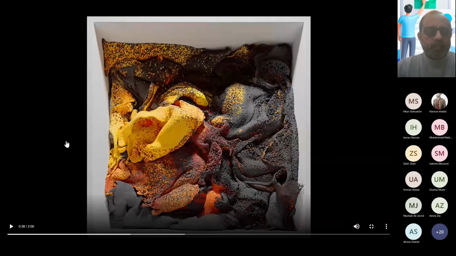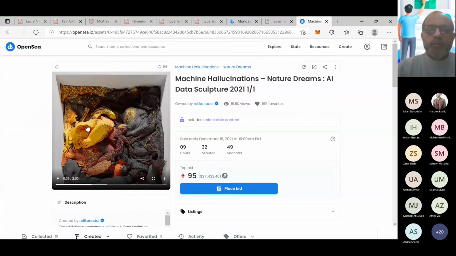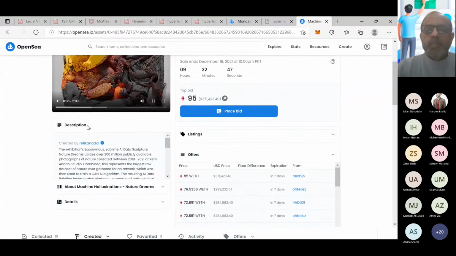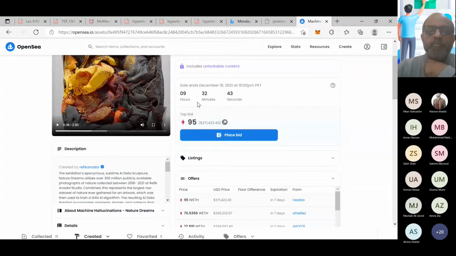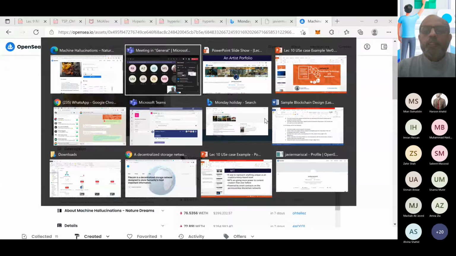So you can go and find out the others as well. There is an active bid on this, and it says the sale ends December 18, 2021, and it has been on auction for the last 9 hours, and I have been tracking it. It is at this point 971,423.